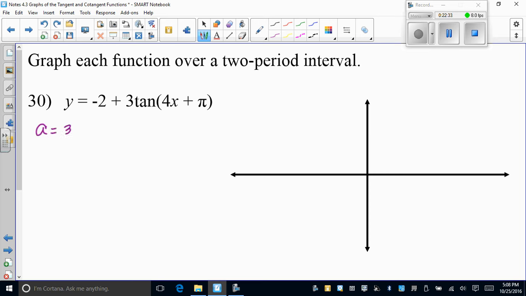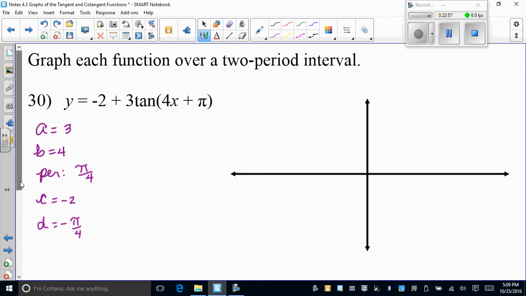So our period is going to be pi over 4. This is going to be a very small graph. My C value is -2, and my D value is -pi over 4. Now we can, again, double check this one here. This is just telling me that I'm going to move it to the left, pi over 4.